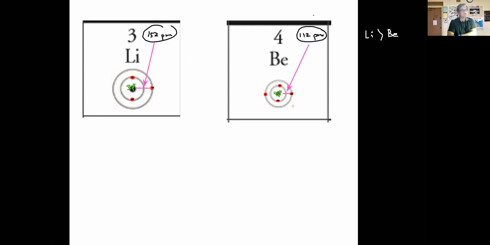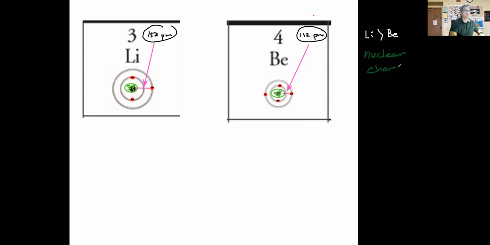Make sure you keep this in mind: the reason lithium is a larger atom is that it only has 3 protons pulling in on that 1 electron, whereas with beryllium you have 4 protons pulling in on it. With more protons pulling on the electron, it's going to pull it in closer. You have more positive charges here than you have here, a greater nuclear charge. The term we want to make sure we understand and remember is nuclear charge.